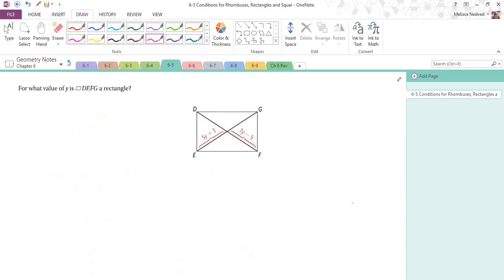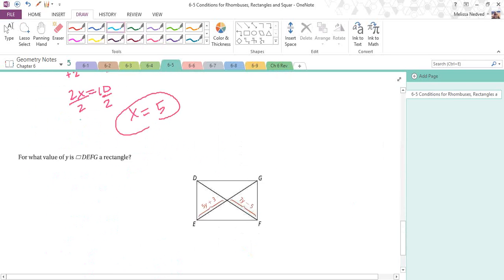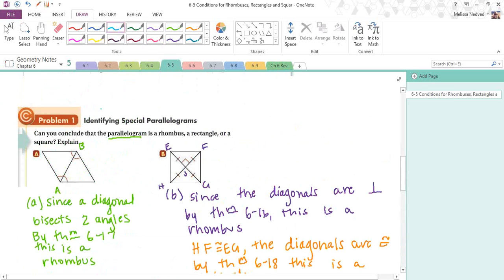So we had that theorem that said if a parallelogram has diagonals that are congruent, then that parallelogram is a rectangle. We looked at this in more detail in the first problem, and notice that it has the tick markings from the endpoint or the vertex to the point of intersection.